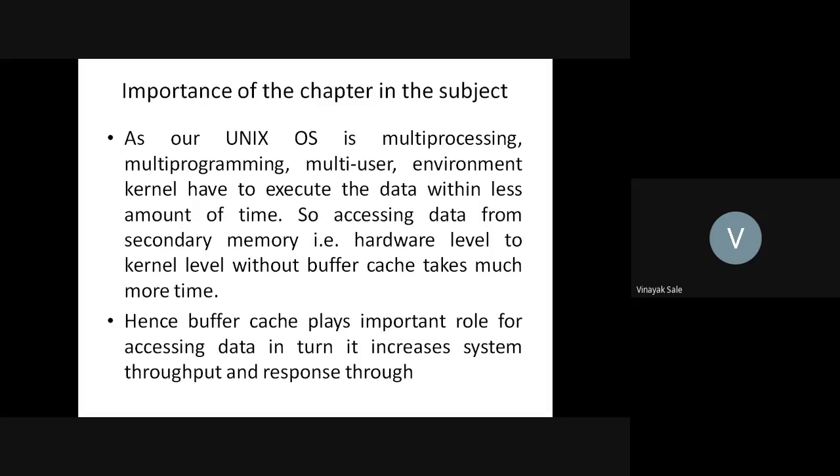With the buffer cache, the data transfer takes less time. Hence the buffer cache plays a vital role in accessing data, in turn increasing system throughput, that is output and response time.